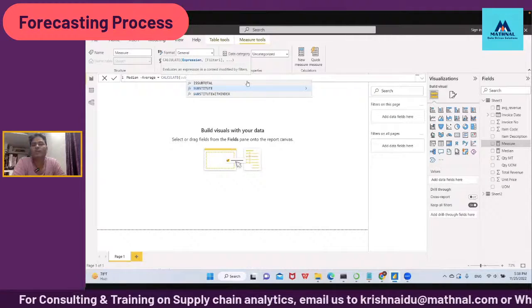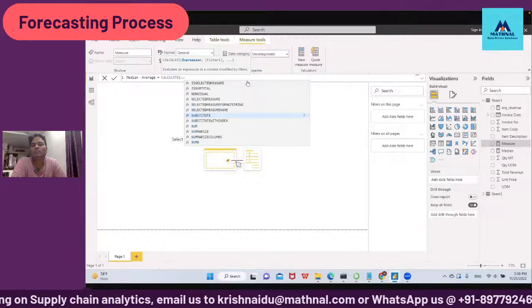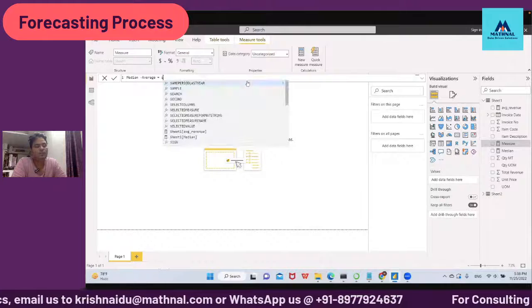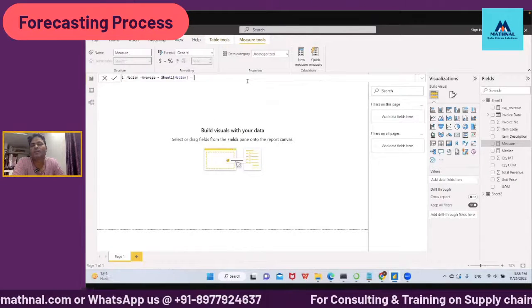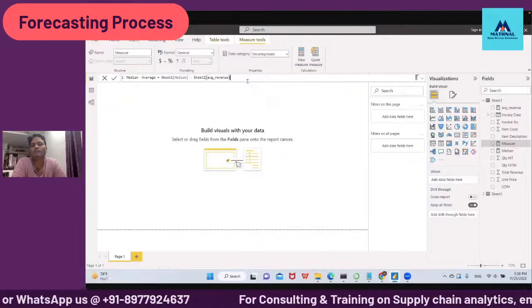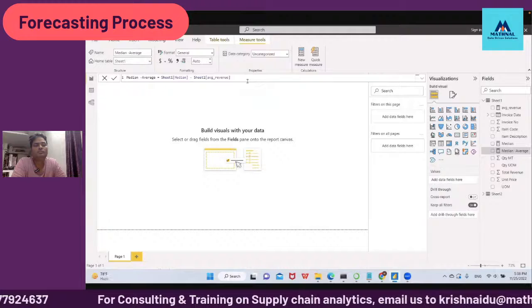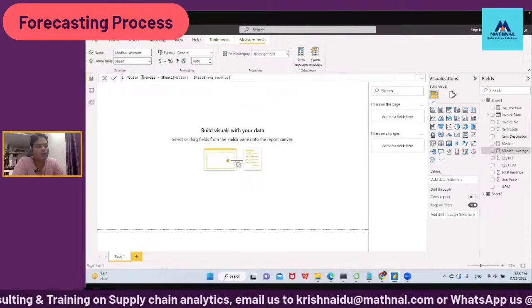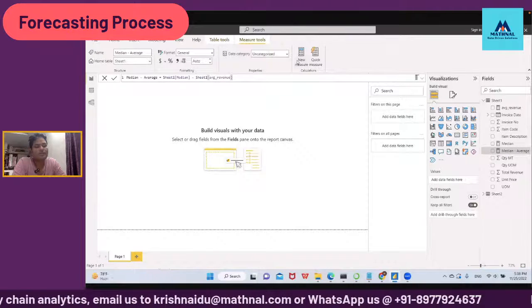No, we don't need calculate here now. We can do it directly measure wise, because both the measures are already row wise. Subtract, fine. Click enter. Okay, we got it. So the next function we will use is percentile.